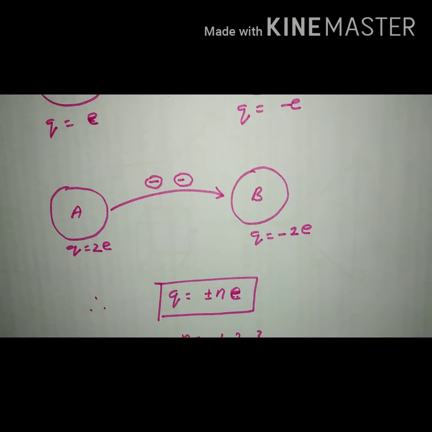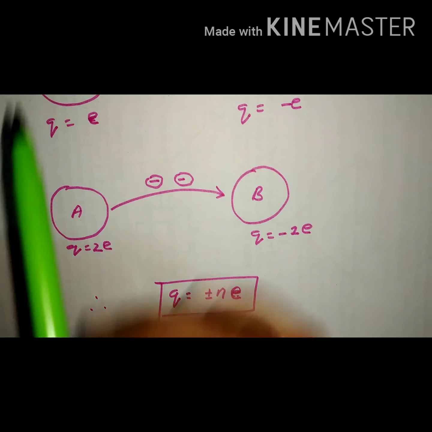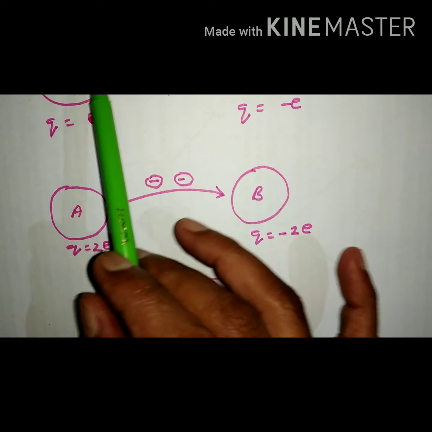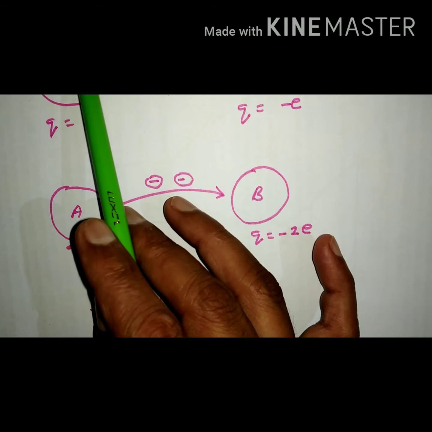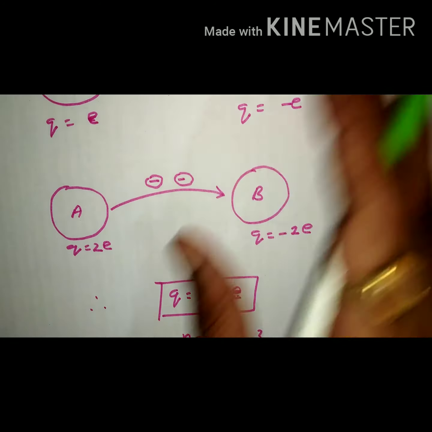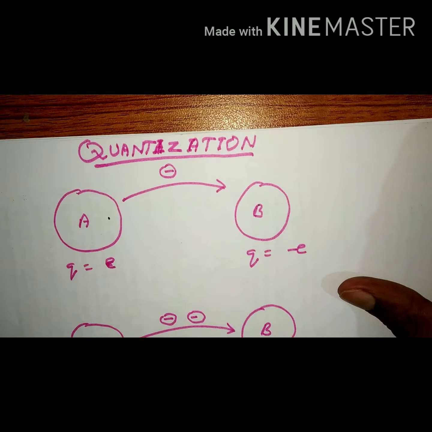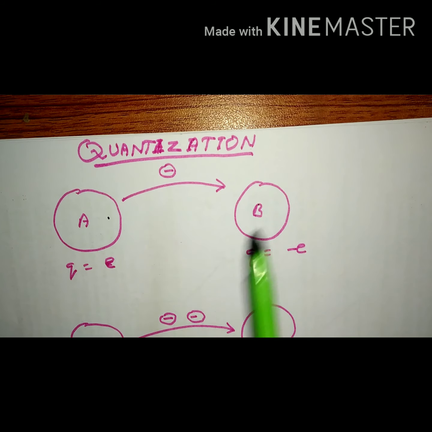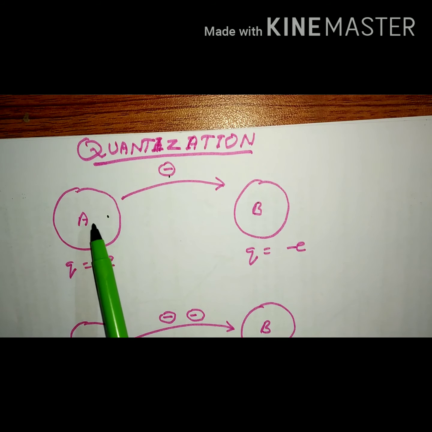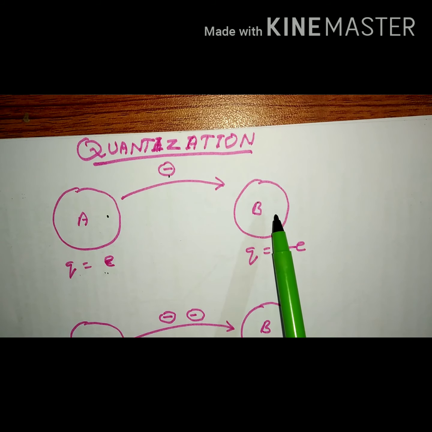Now here we can see two materials A and B. Material A is donating electrons, which means electrons are transferred from material A to material B. If only 1 electron is transferred, material A will gain +1e charge and material B will gain -1e charge.